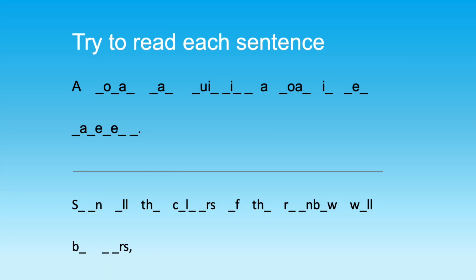So the translation of the first one should be easy because we just read it. It says, a woman was building a boat in her basement. We just read that sentence. And the second one is a quote from the Rainbow Goblins.